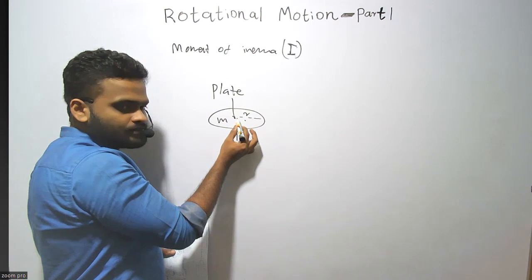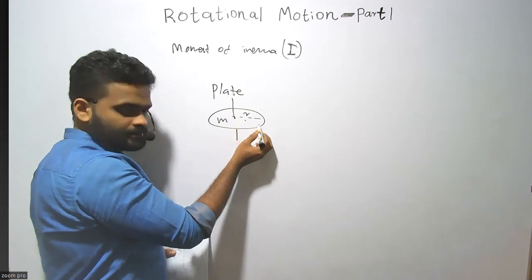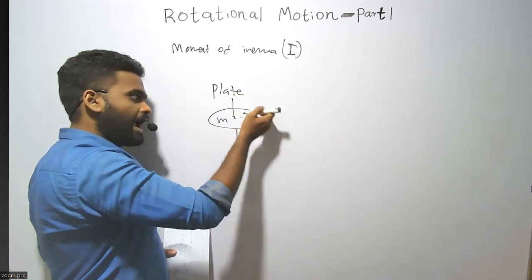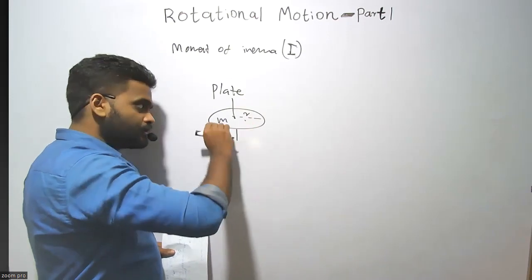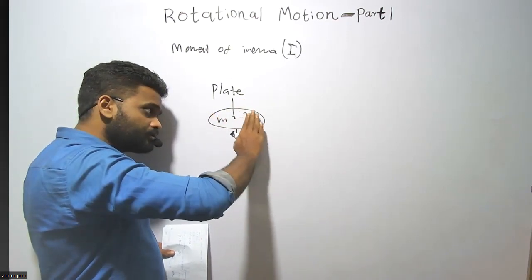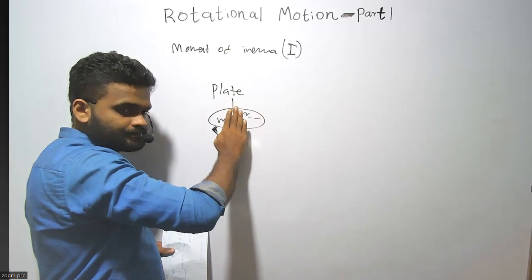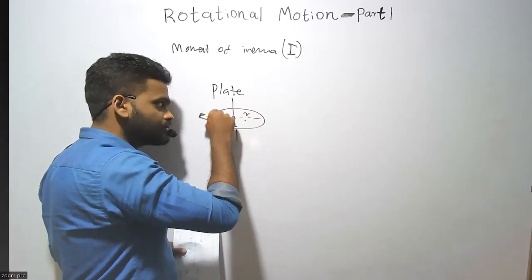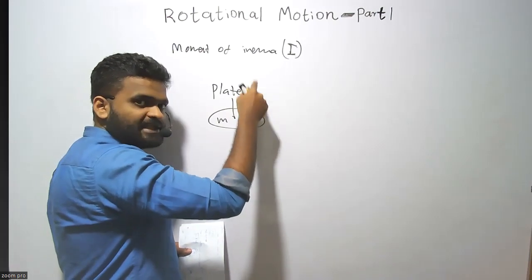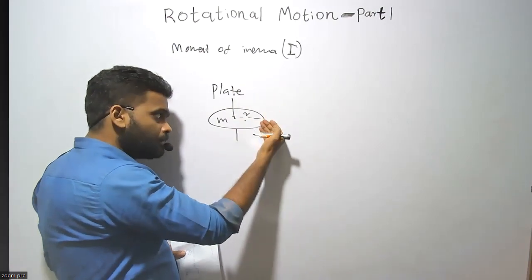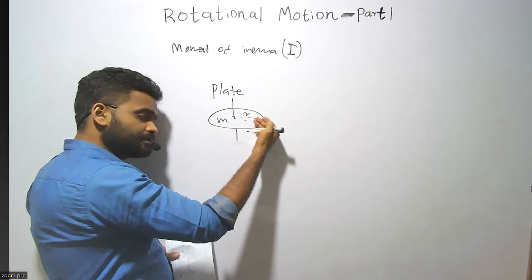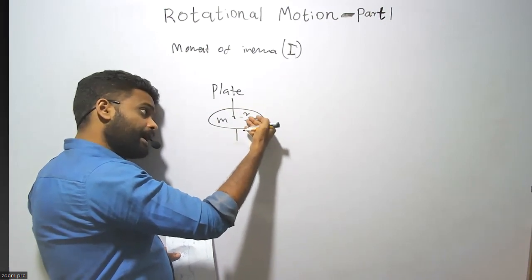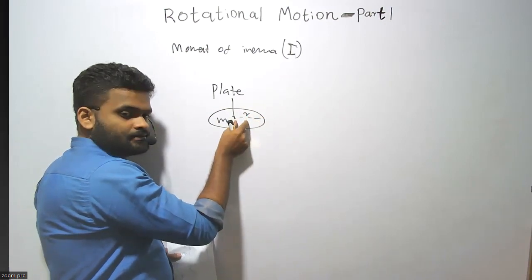You can notice all the particles are not at a distance r. The particles are distributed throughout this whole plate, not all at the edge like in the ring. But the distance to most of the particles has decreased.